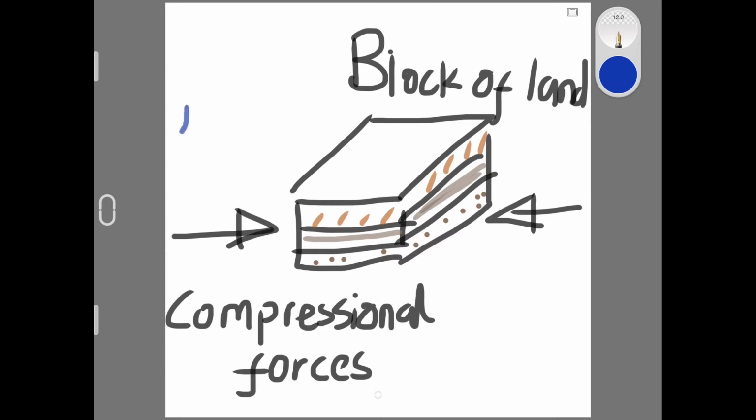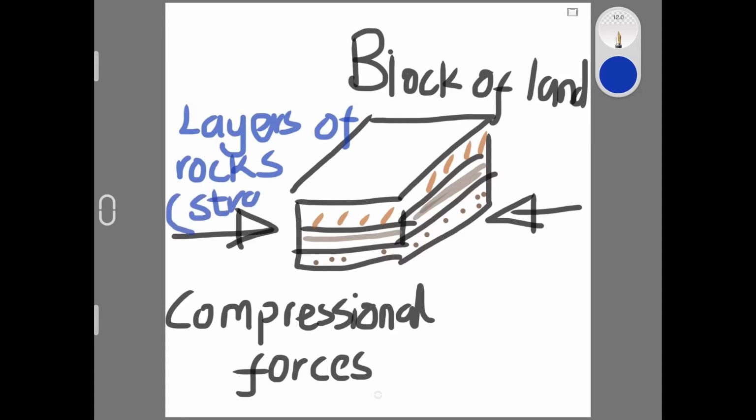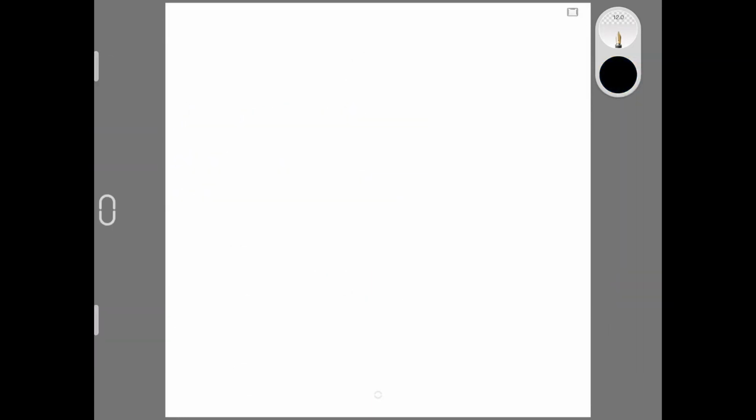So that's our block of land, and obviously it has layers of rock. The rocks could be different, and just from our basic geography, we know that there are three main types of rocks: igneous, metamorphic, and sedimentary.